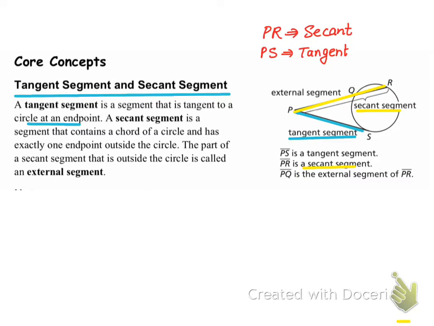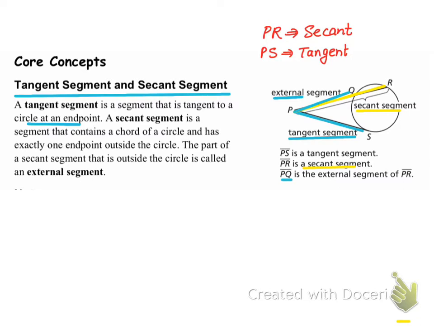PR is the secant segment, but if we are talking about the external segment, whatever part of the secant is outside the circle is called the external segment. So this part is called the external segment, that is PQ. PQ is the external segment, that's outside the circle, and it's part of the secant.